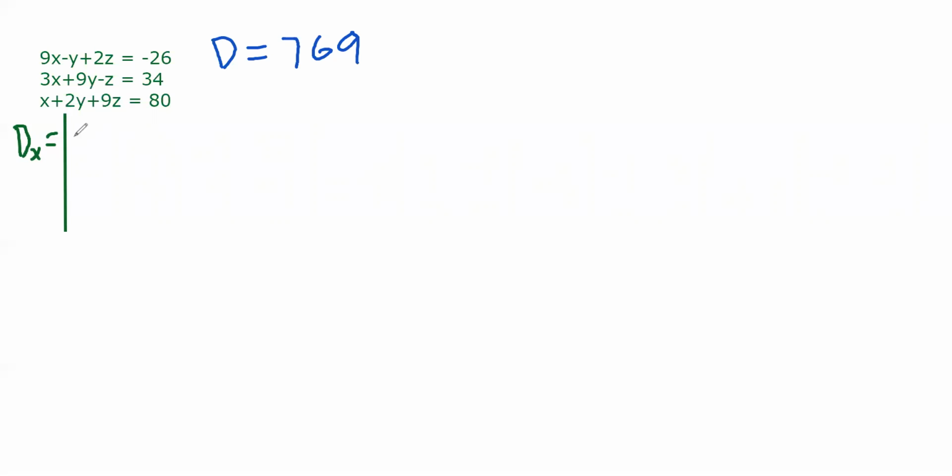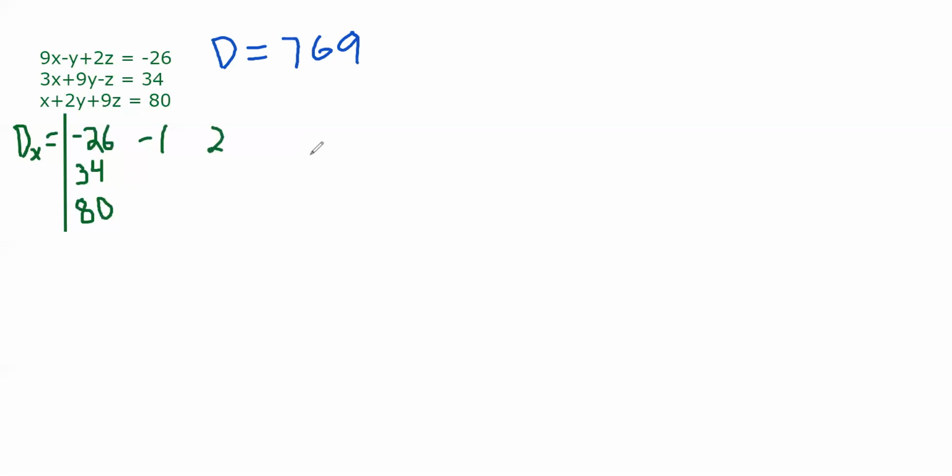That's kind of a bad word for them because they're not the actual solutions we're looking for. But at any rate, we're going to have -26, 34, and 80. But then the second and third columns are the same as what they were previously.